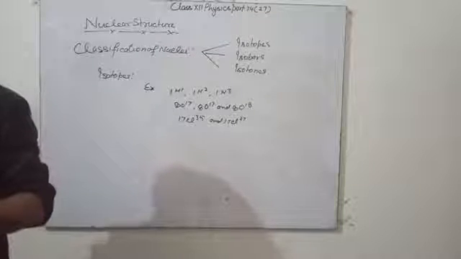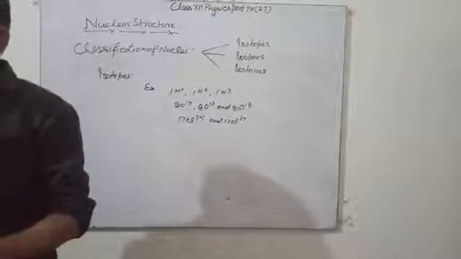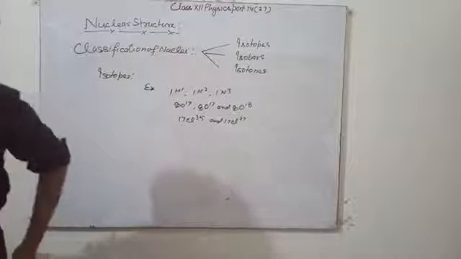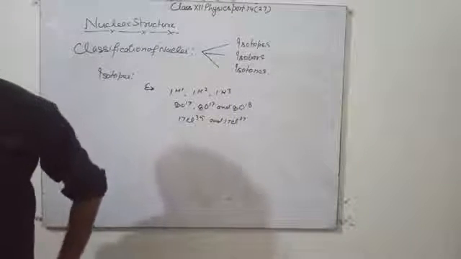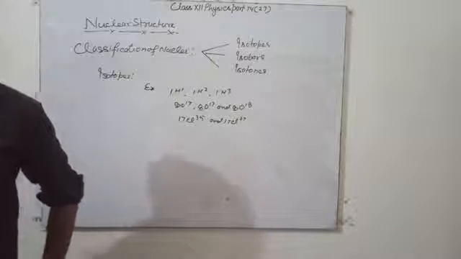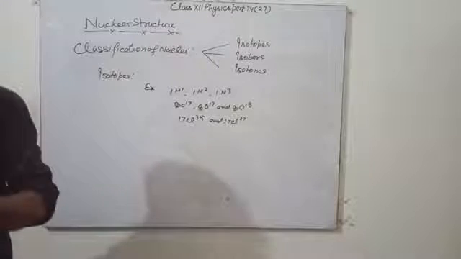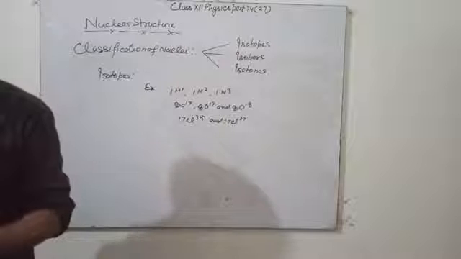All isotopes of an element have the same number of electrons, as an atom has an equal number of electrons and protons.